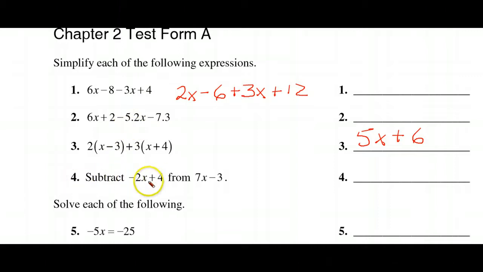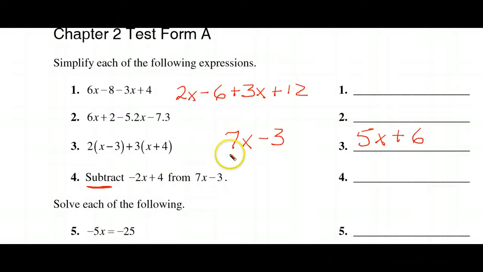Now, for number 4, these were a little tricky in chapter 1, so let's take a look at it. Now, from this, they want us to subtract this. And in algebra, we do the subtraction by changing the signs and then adding.